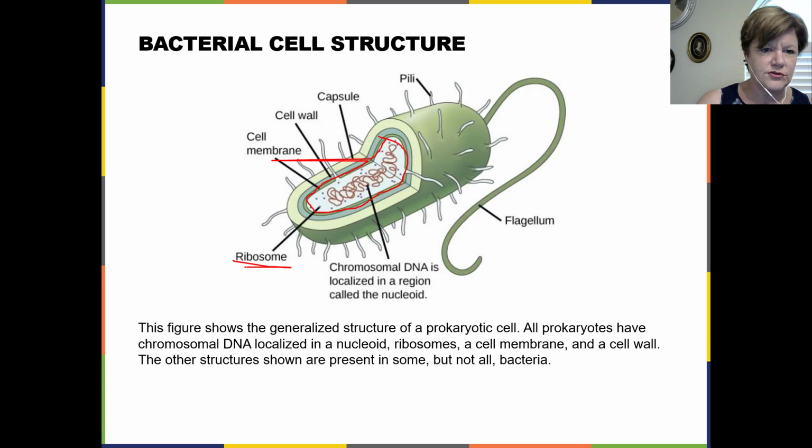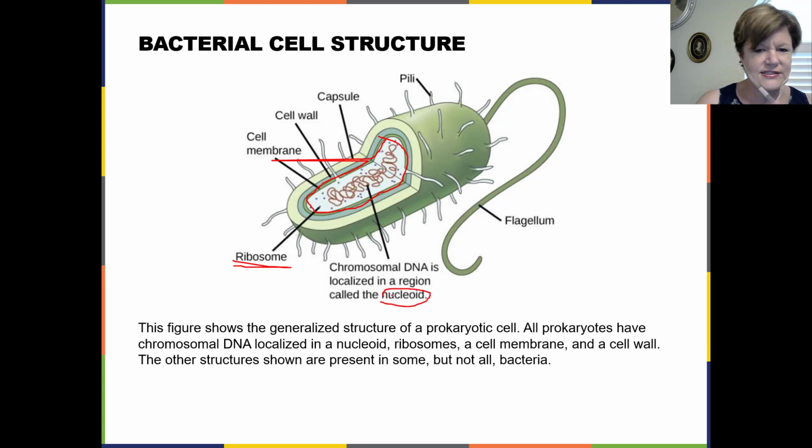Then you have the ribosomes, which you remember, those are the structures that build proteins, that make peptide bonds between amino acids. And then you have a fairly large chromosome made of DNA, and it's just all bundled up. We usually call the place where the chromosome is found in the cell the nucleoid.